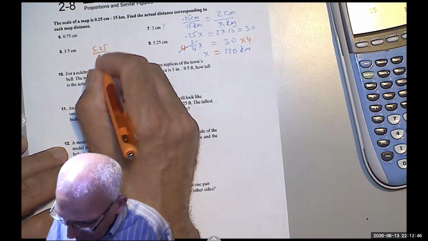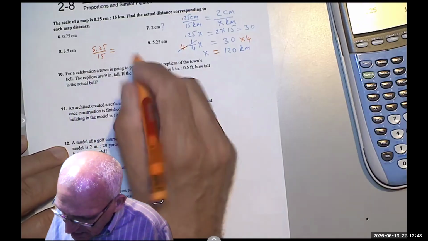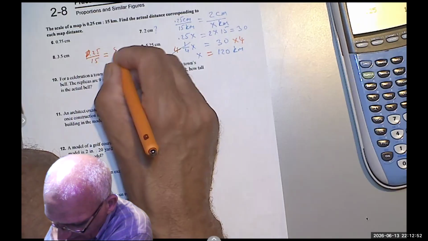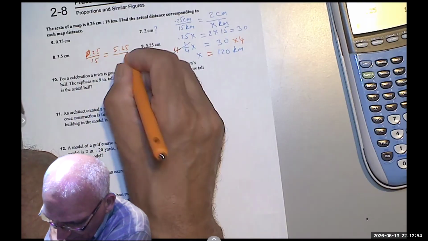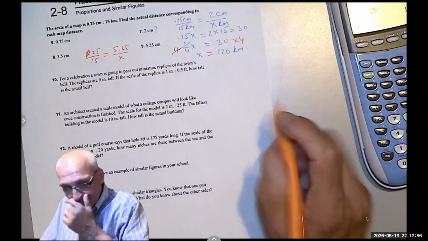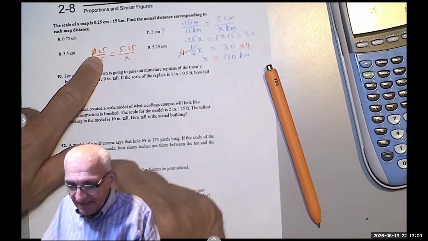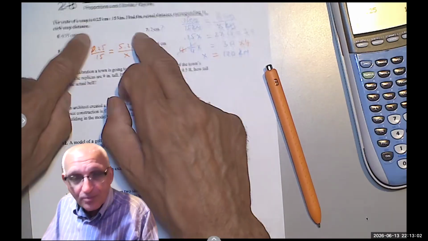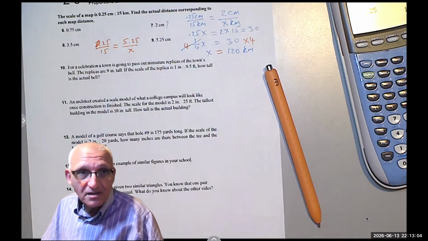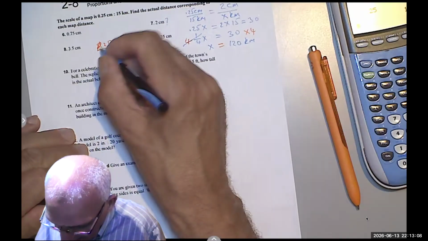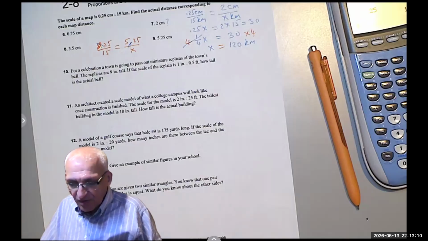0.25 over 15 equals 5.25 over x. Again, there is no reason to have a decimal place. I can multiply both numerators by 100, right? So that would be 25, and that would be 525.